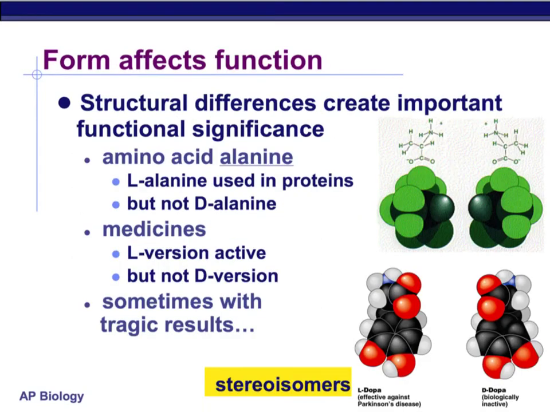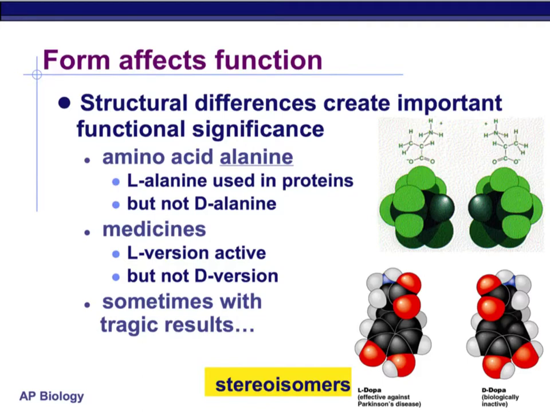So here's an example of how form can affect function. Your body naturally creates an amino acid called alanine. Alanine comes in two forms, what we call an L form and a D form. The proteins in your body make L-alanine, not D. It just works better structurally for us.